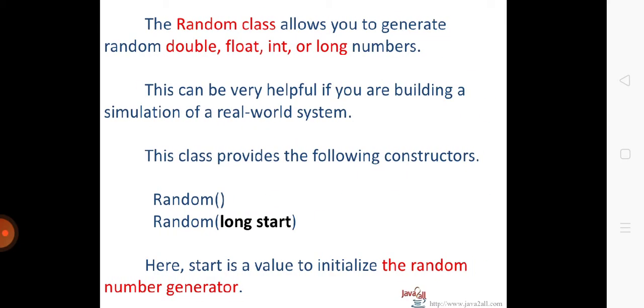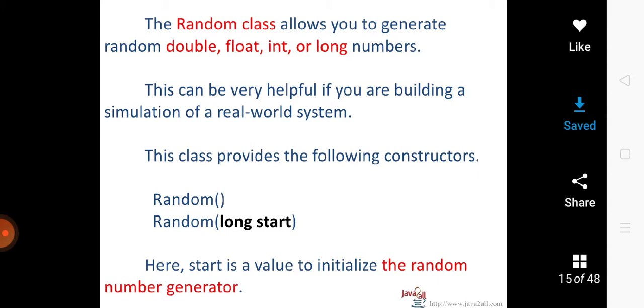It is the built-in class, and it is available to you whenever you are going to generate any random value in your program. A random value is any value that is automatically generated by the Java random class. This type of value is usually required in real world system simulation problems. We use this random class whenever we implement real world applications.